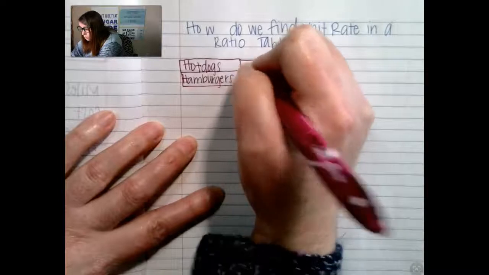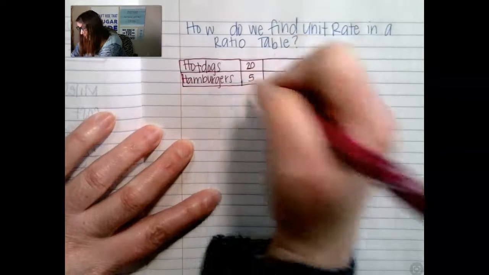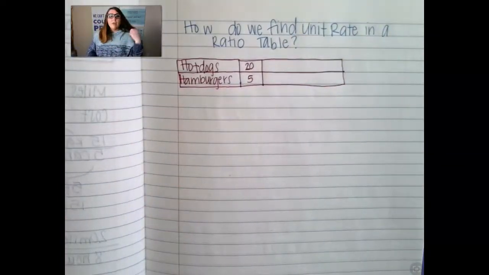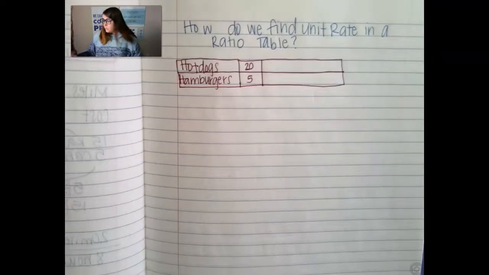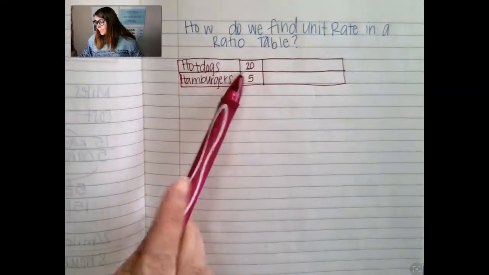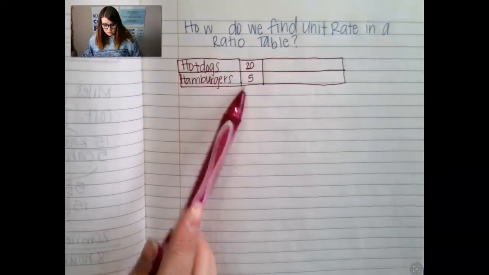For every 20 hot dogs that you sell, 5 hamburgers. So that means I sell more hot dogs than hamburgers every time, probably because hot dogs are less expensive, or sometimes people buy 2 hot dogs at a time, but they only eat 1 hamburger at a time. So my ratio is every 20 hot dogs I sell 5 hamburgers.